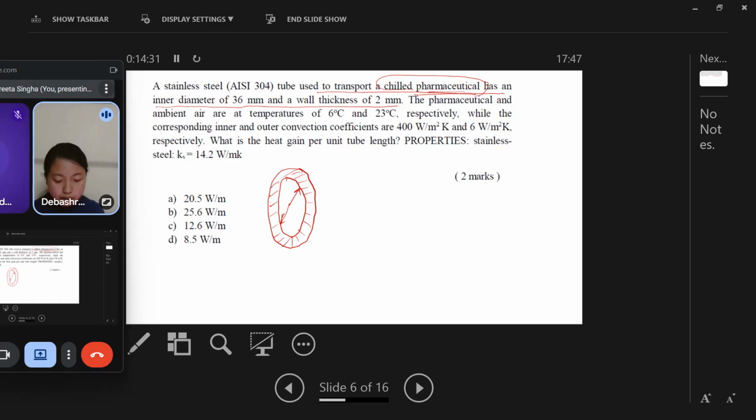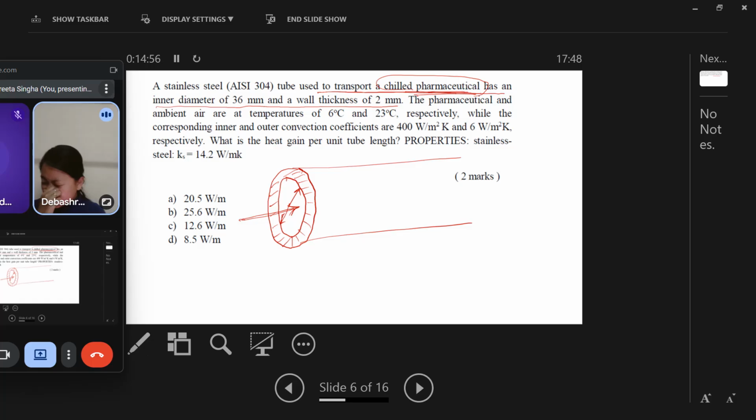The pharmaceutical and the ambient air are at temperatures of 6 degrees Celsius and 23 degrees Celsius. So the pharmaceutical is inside, since the tube is used to transport the pharmaceutical, for any medicine you want to carry.